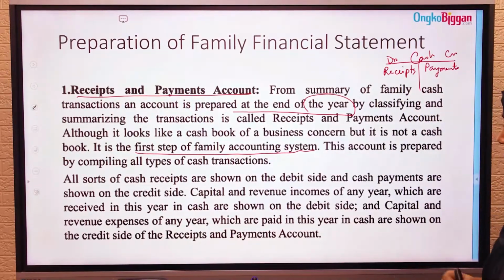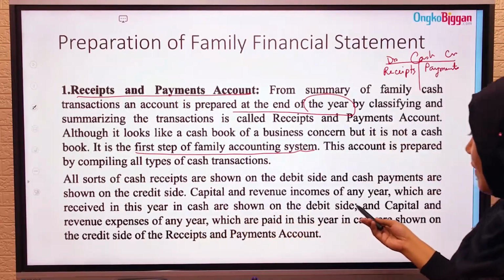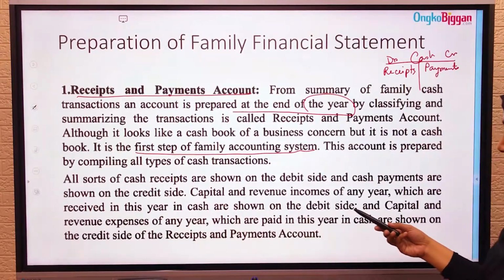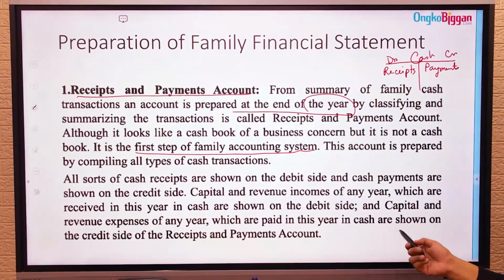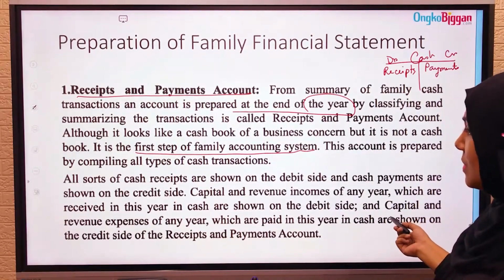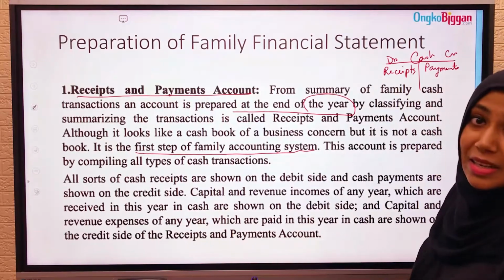Receipts in this year in cash are shown on the debit side, and capital and revenue expenses of the year which are paid in cash are shown on the credit side.